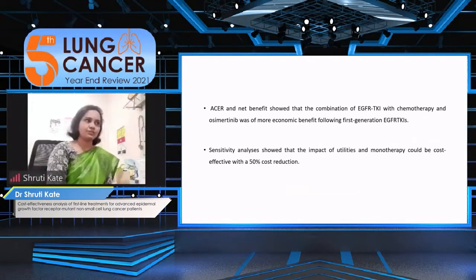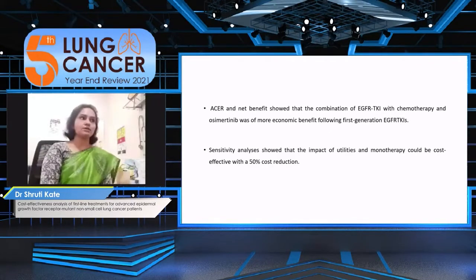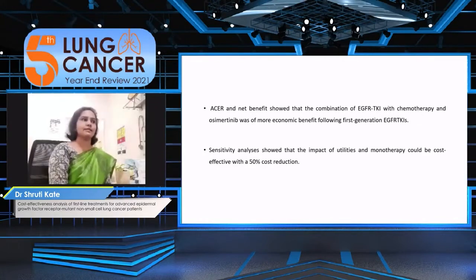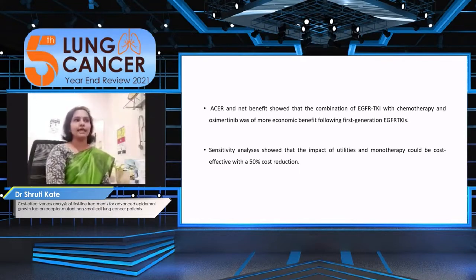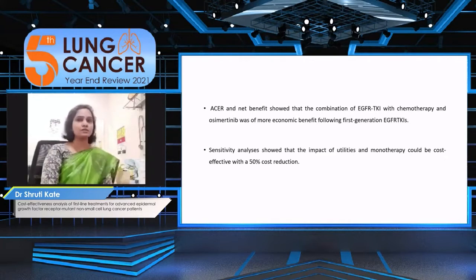So the average cost effectiveness ratio and the net benefit showed that the combination of EGFR TKI with chemotherapy and osimertinib was of more economic benefit following first generation EGFR TKIs, and sensitivity analysis showed the impact of utilities and that monotherapy could be cost effective with a 50% cost reduction.